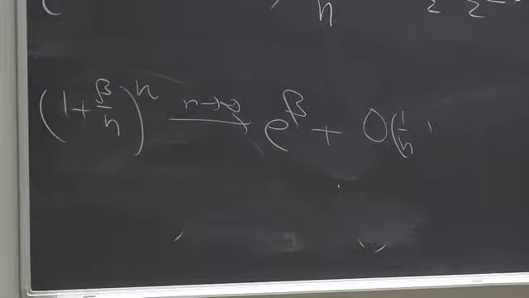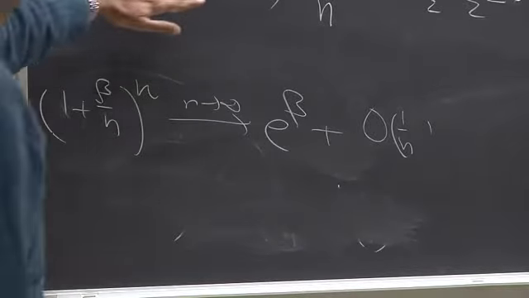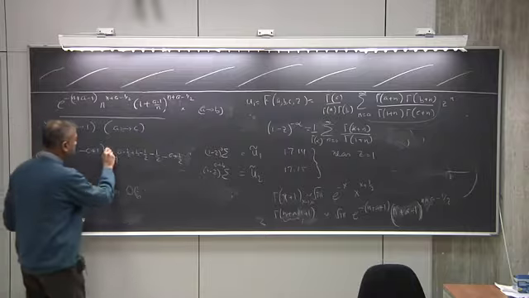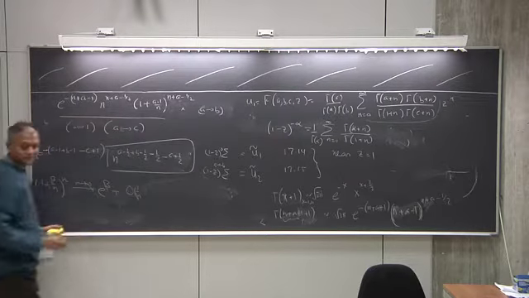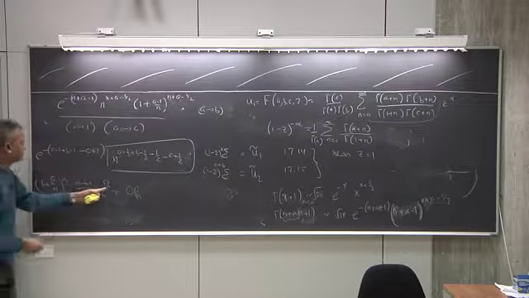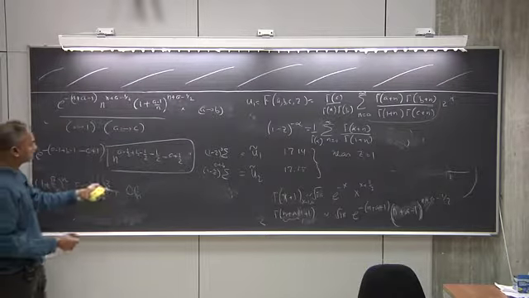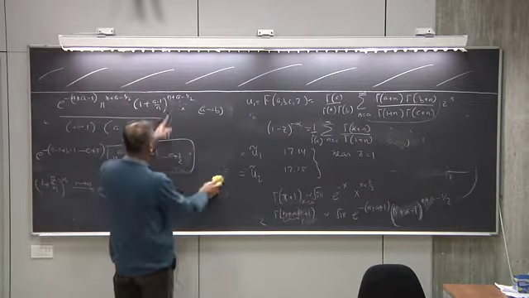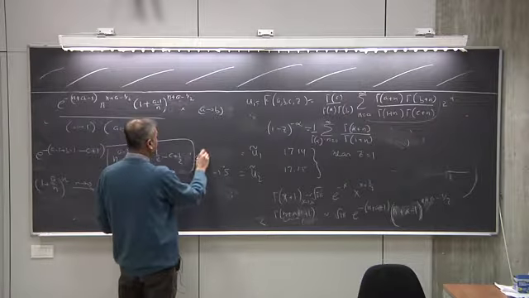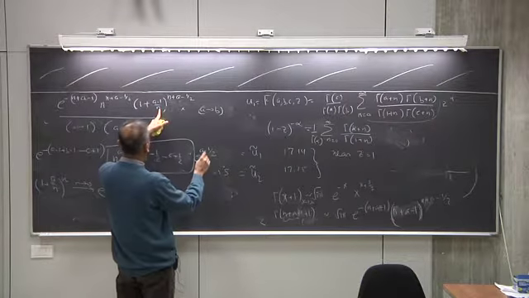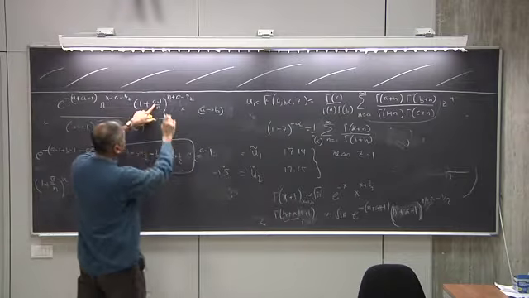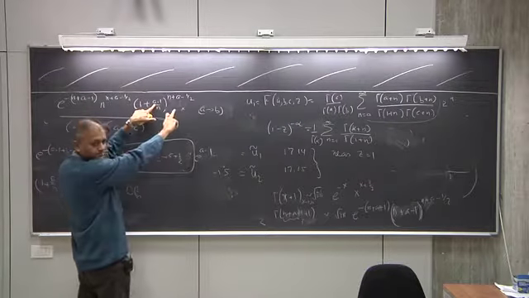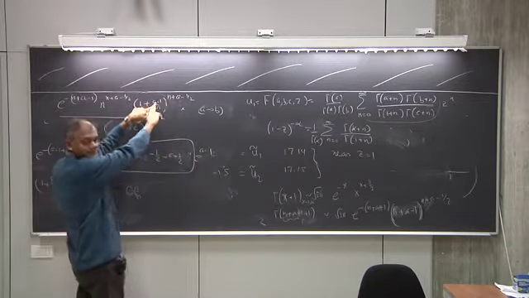As I said, ignoring all the constants, this is what we get. The n behavior is that. Actually, you can even keep the leading behavior. So from here you get e to the a minus half, from here a minus 1. These are not important. The only important point is the n.